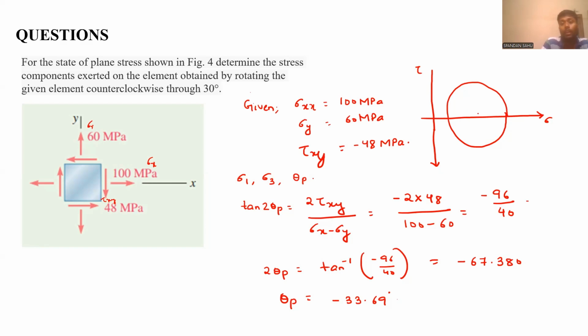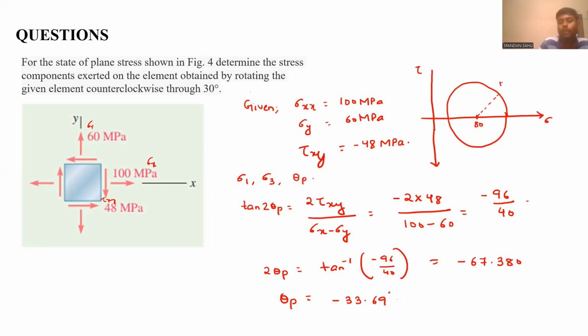The center of this circle is sigma x plus sigma y by 2, that is 80. You have already got these planes.